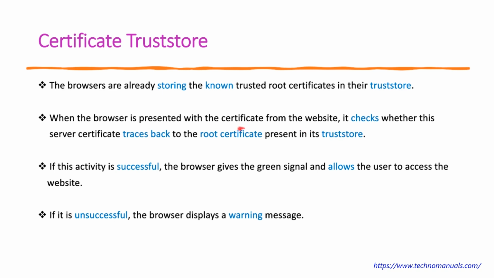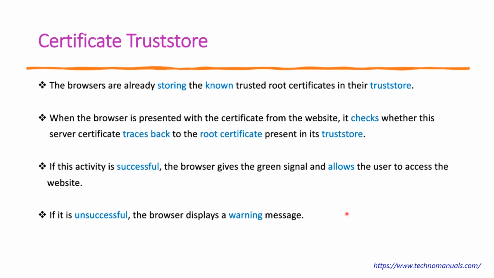That is, ISRG root should be present in the trust store of this browser. If this activity is successful, the browser gives the green signal and allows the user to access the website. If it is unsuccessful, the browser displays the warning message like this website is not secure.